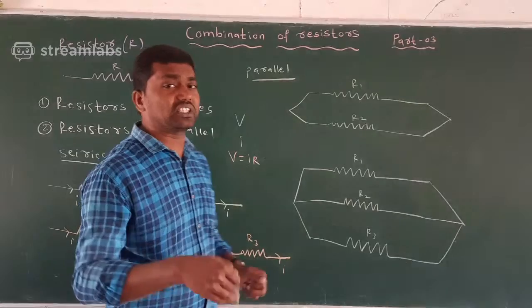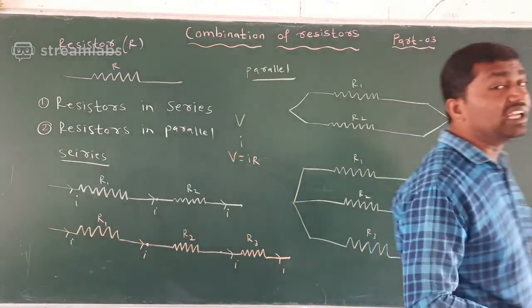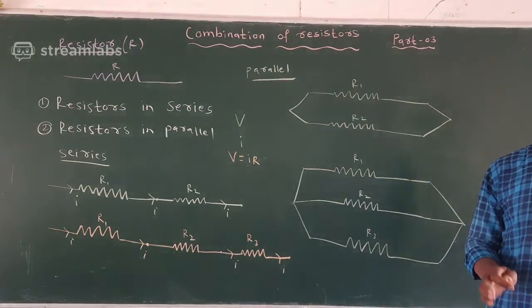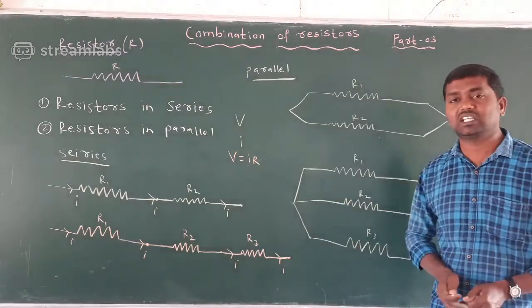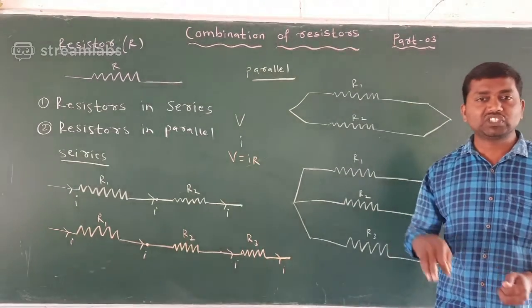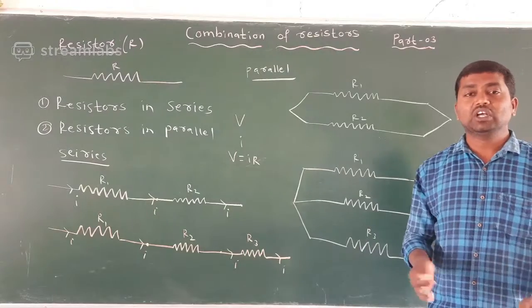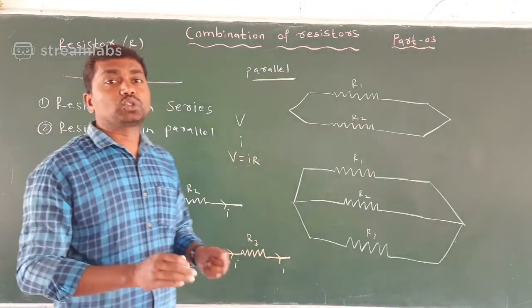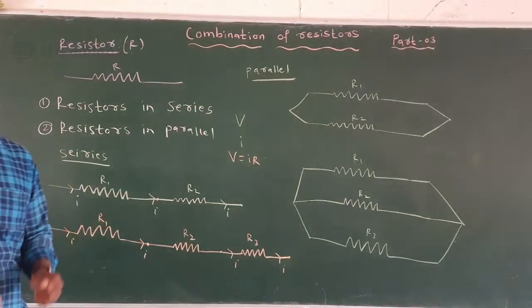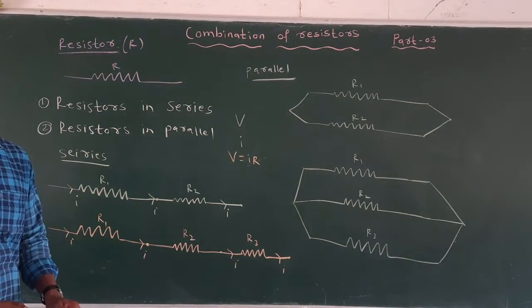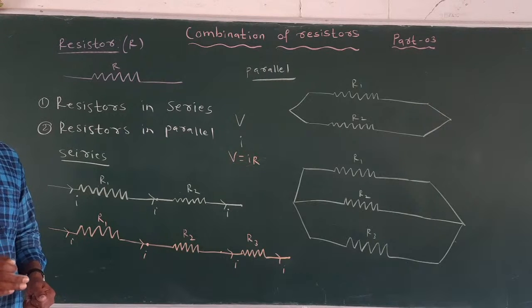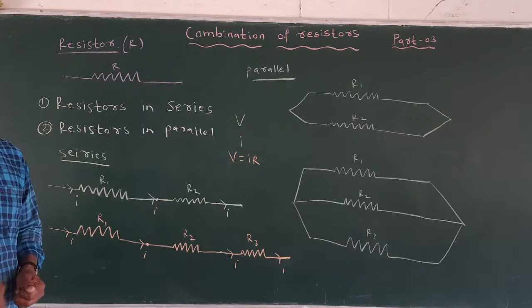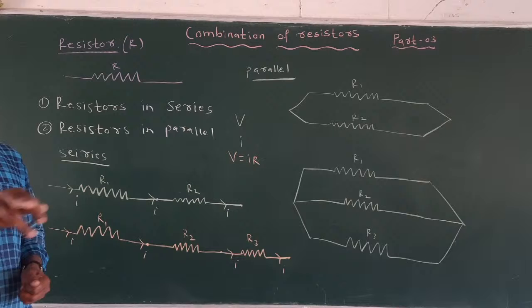Effective resistance is nothing but total resistance, equivalent resistance. When the resistors are connected in series or in parallel, we can determine the total resistance in the circuit. Next week we will go into this by using Ohm's law.